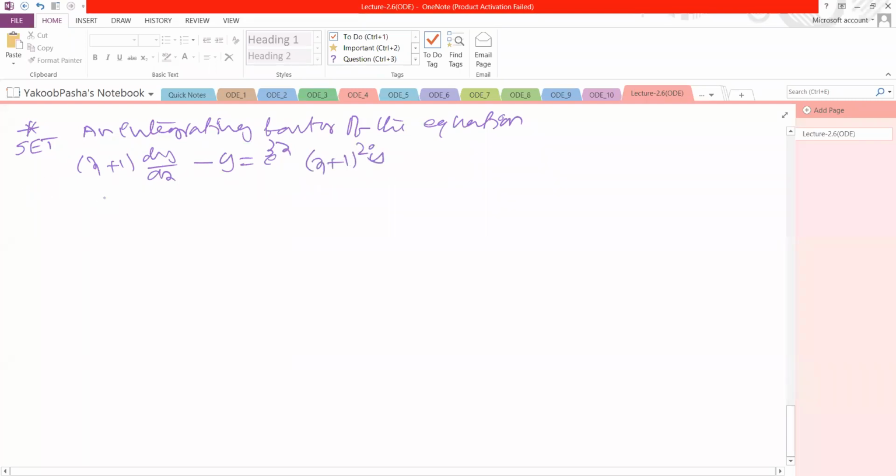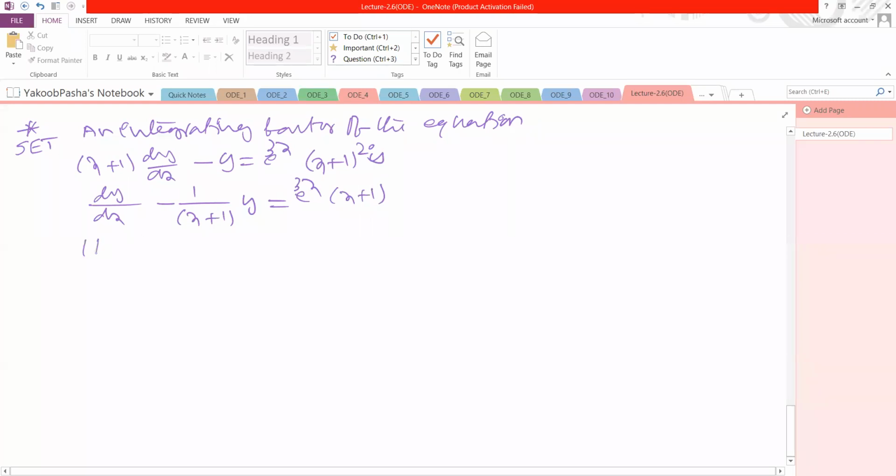Now we know the coefficient of dy by dx should be 1, so we have to divide the entire equation by x plus 1. So we get dy by dx minus 1 by x plus 1 into y is equal to e to the power of 3x into x plus 1 only. Okay.